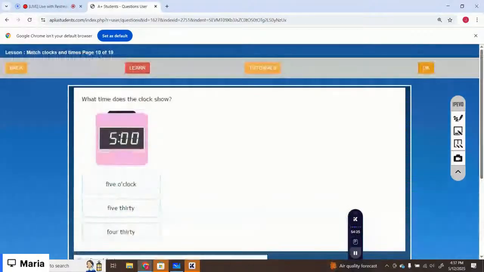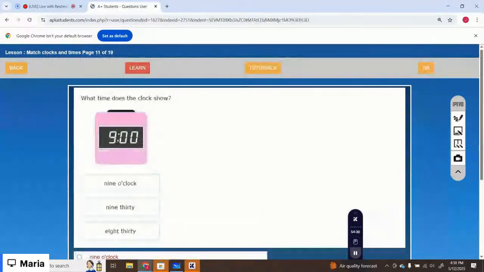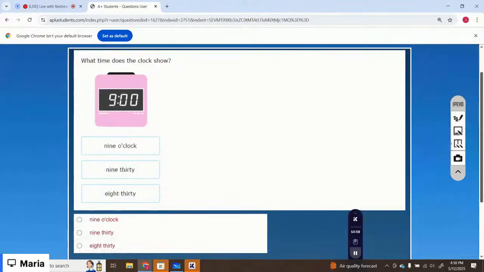Option number one is the correct option. What time does the clock show? That is 9 o'clock.